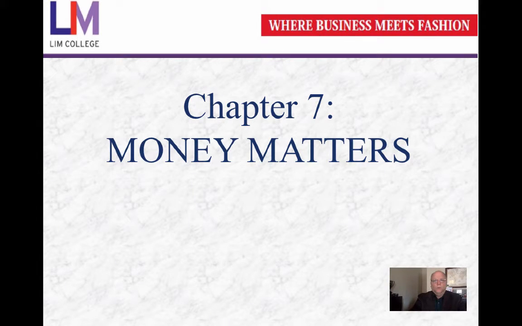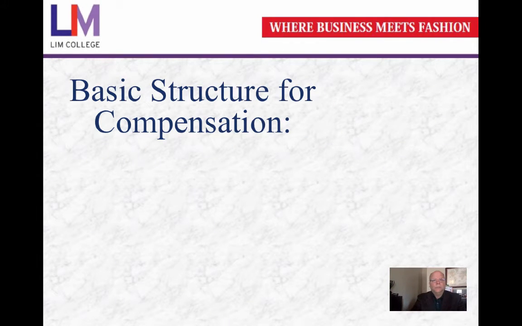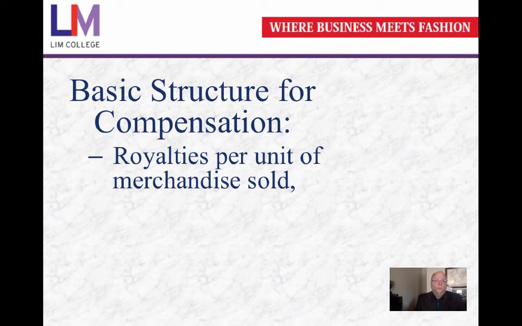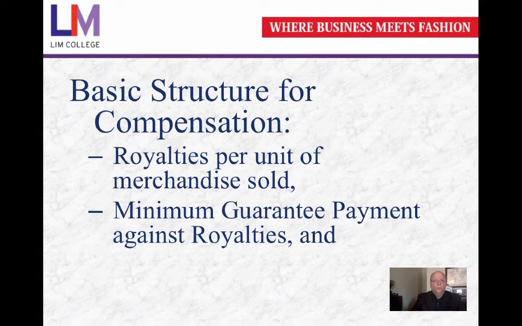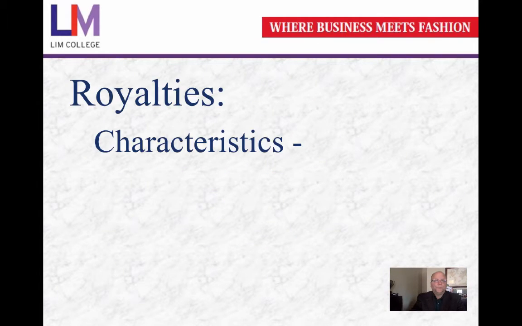So, the basic compensation structure for licensing agreements: royalties based on per unit of merchandise sold, minimum guarantee payments against royalties, and then the third is advances. Those are the three things we're going to be talking about in this first video this week. That's your basic compensation structure within a licensing agreement.